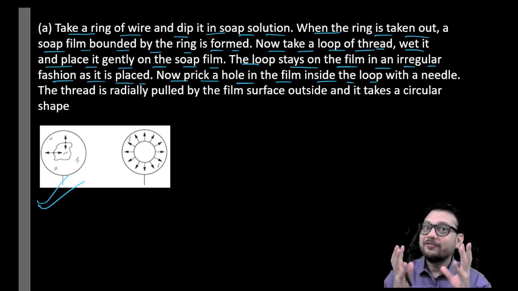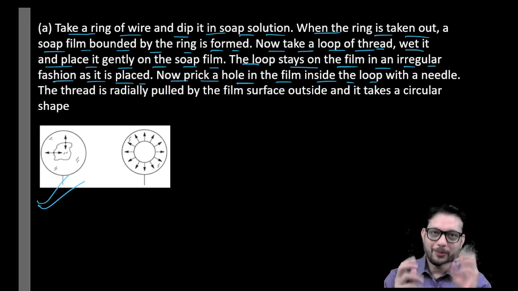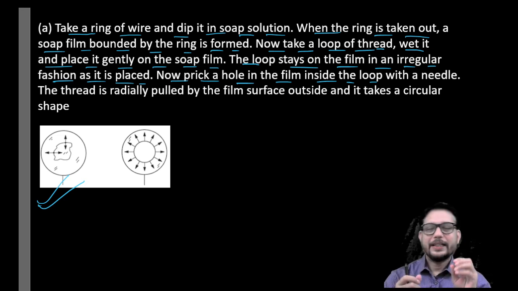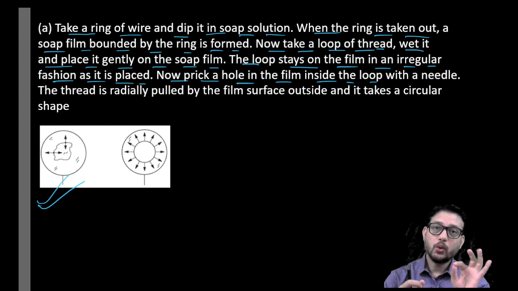Okay, so that scene will be created here, but there will be no pop sound. So as we prick a hole in that liquid film, the process is very gentle, clear. You cannot just take any needle and just put it like this way. It has to be done very smoothly, very gently. You have to make a hole inside the loop.